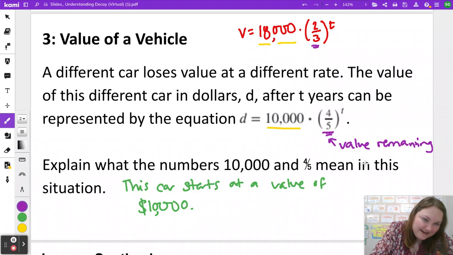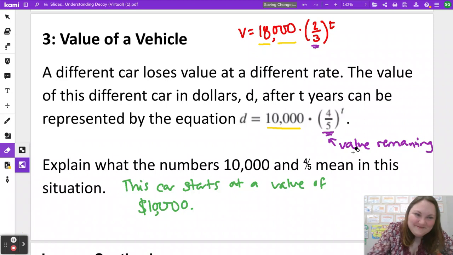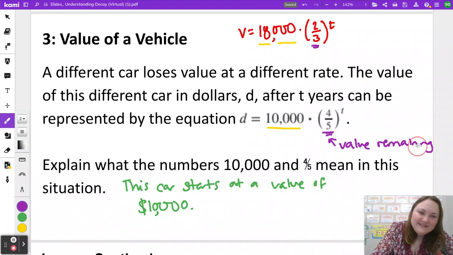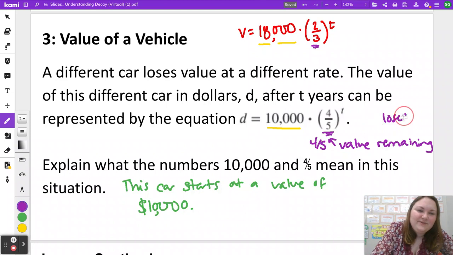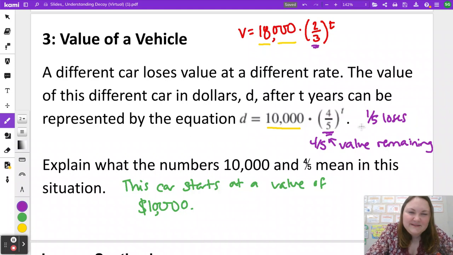The word remaining looks a little messy, but the value remaining. So we're going to take it one more step further. If we know 4/5 is remaining, if I want to say what fraction it loses each year, what fraction would it be losing? If 4/5 is remaining, that means it loses 1/5 of the value. Again, I'm doing that subtraction problem. It's out of 5, so if 4 parts are remaining, 1 part is what it's losing.